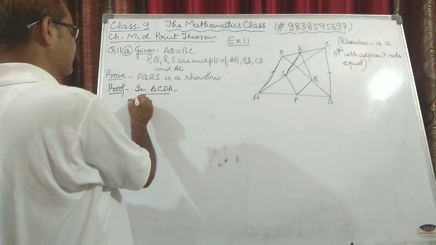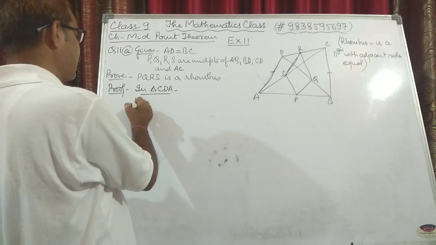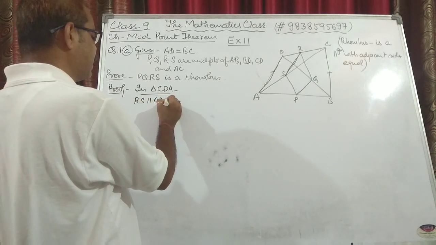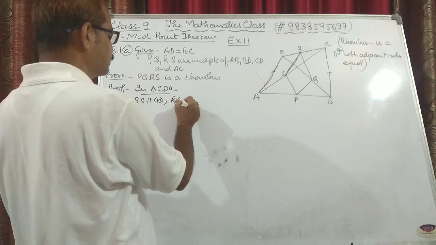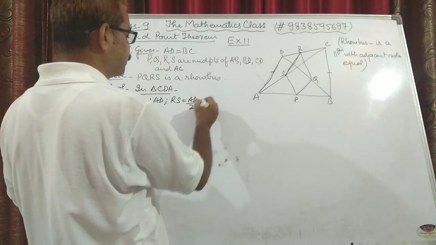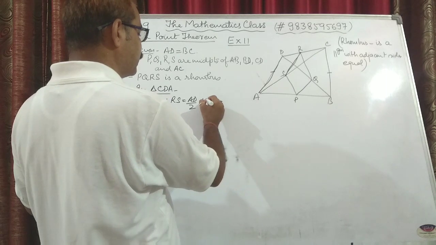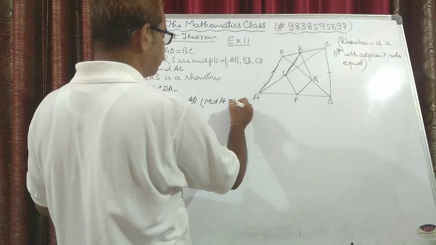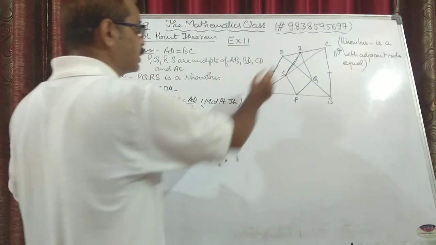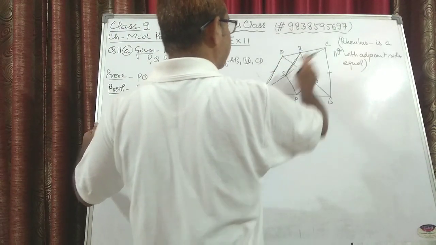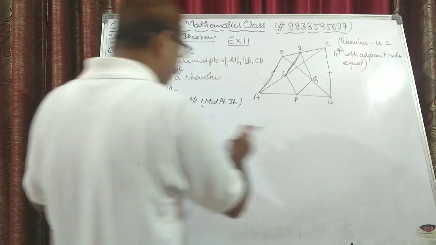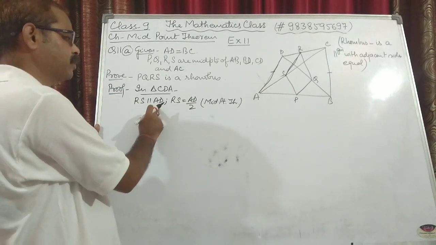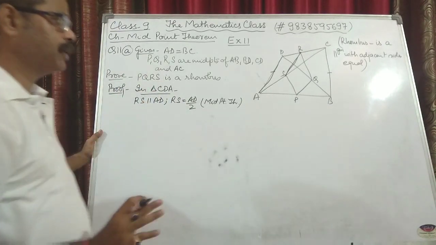So we can say that RS is parallel to AD, and RS is equal to AD by 2. Why? By midpoint theorem. If you want, you can write the reason that R is the midpoint of CD and S is the midpoint of AC. So by midpoint theorem, RS will be parallel to AD and RS will be AD by 2.